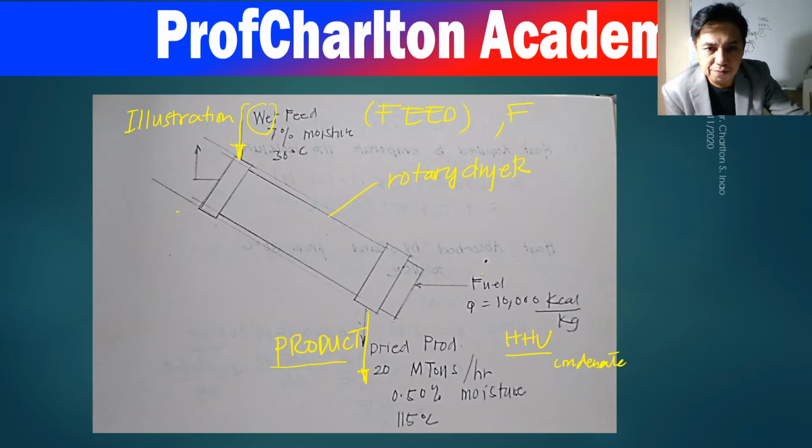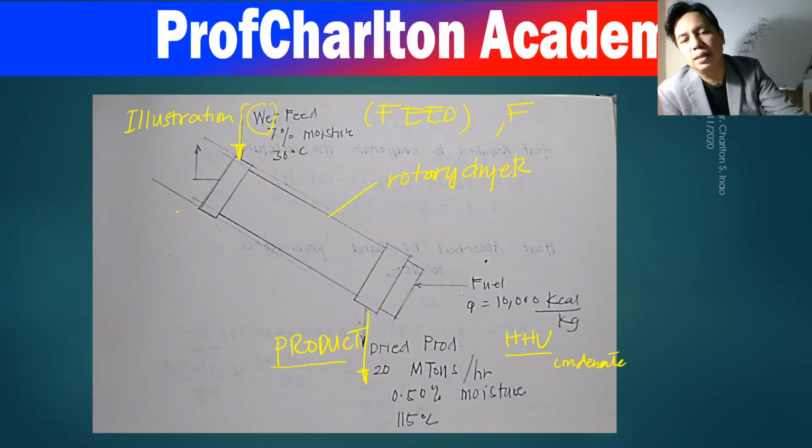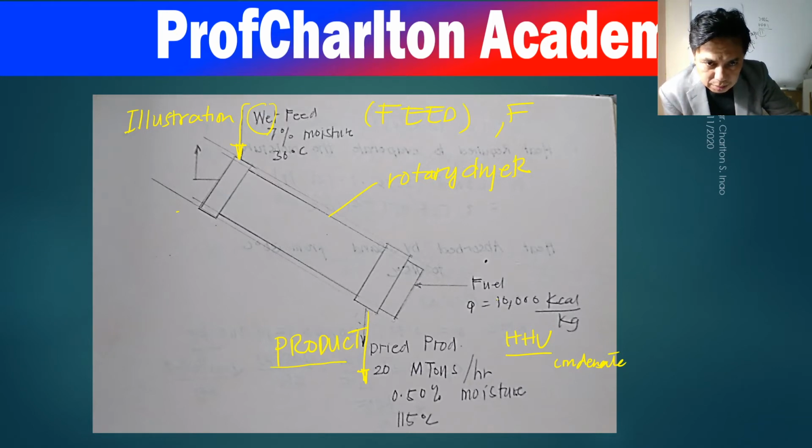So here you put fuel into the system. For example, with steam, you put in the fuel with this heating value, and the water will be converted into steam, which will heat up the sand. So here is the fuel. The higher heating value is 10,000 per kilogram.